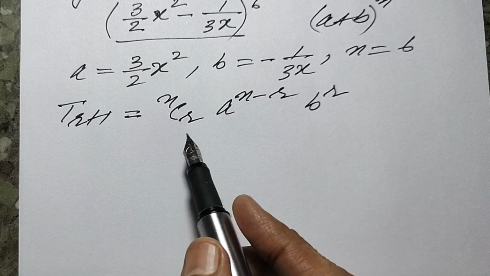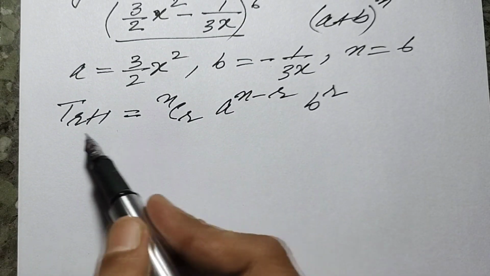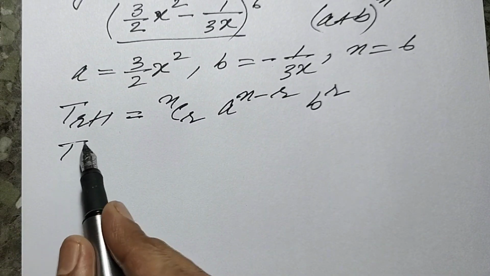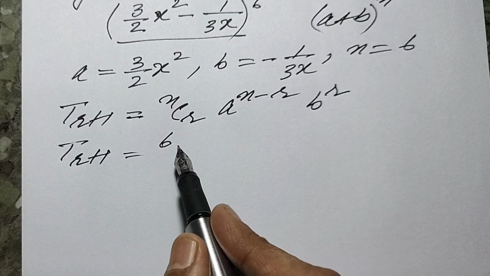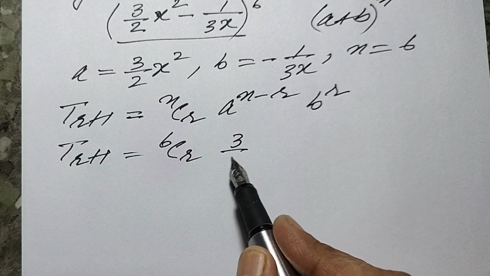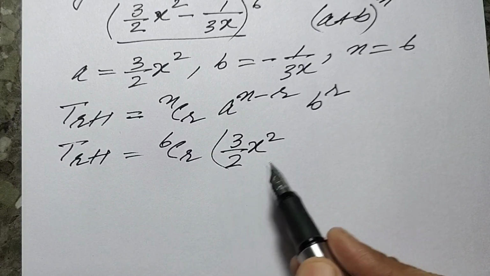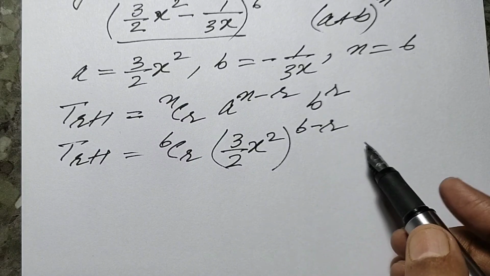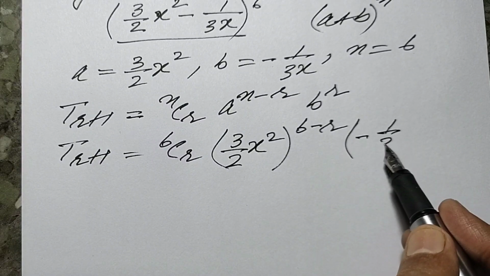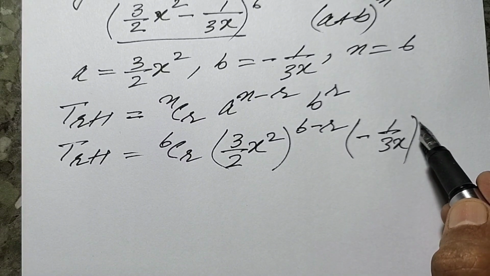So substituting the values of a, b and n in this identity, we have t(r+1) is equal to 6Cr (3 upon 2x square) whole raised to the power 6 minus r, and b is (minus 1 upon 3x) raised to the power r.